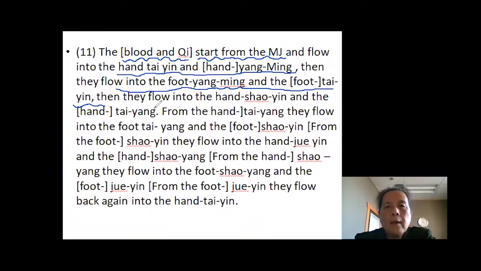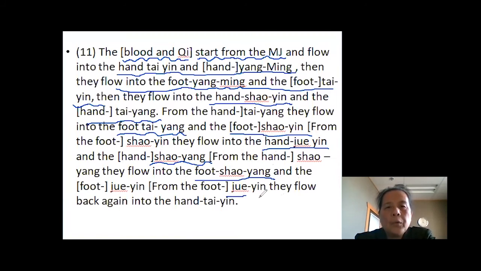And then go to hand Shaoyin, that's the heart. And hand Taiyang, small intestine. And from hand Taiyang to foot Taiyang, bladder. And foot Shaoyin, kidney. And from foot Shaoyin to the hand Jueyin, pericardium. And then go to hand Shaoyang, Sanjiao. And then go to foot Shaoyang, gallbladder.